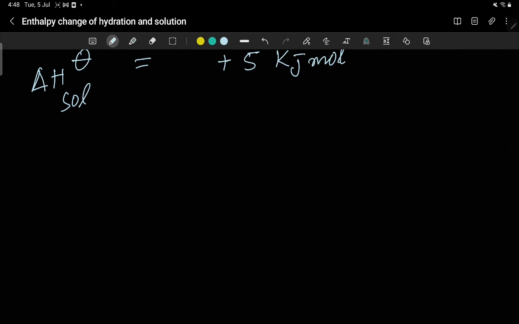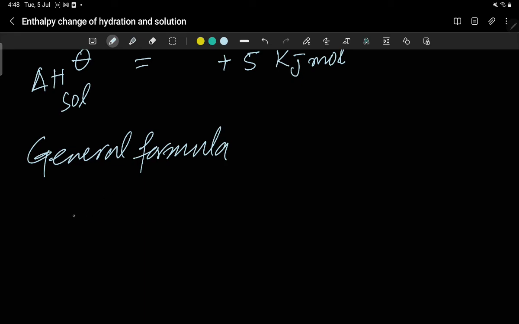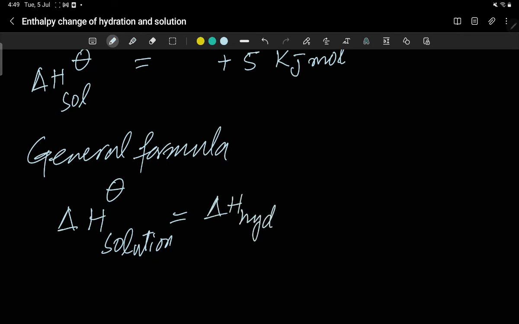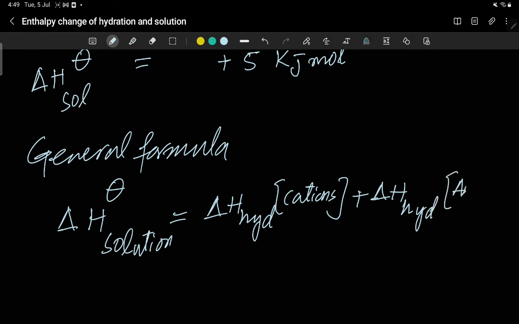So this is the general formula. I have to write down the general formula: delta H solution is equal to delta H hydration of cations plus delta H hydration of anions minus delta H lattice energy.